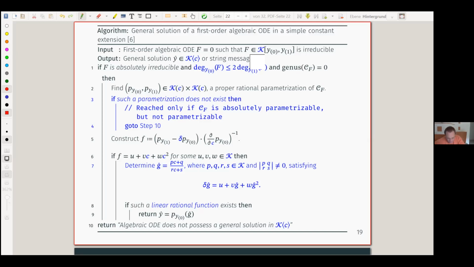I think it was in the book of Schwarz, where he described how the solutions look. If your linear Riccati equation has such a strong, as we called it, strong rational general solution, then it has one which is of degree 1 in C also.